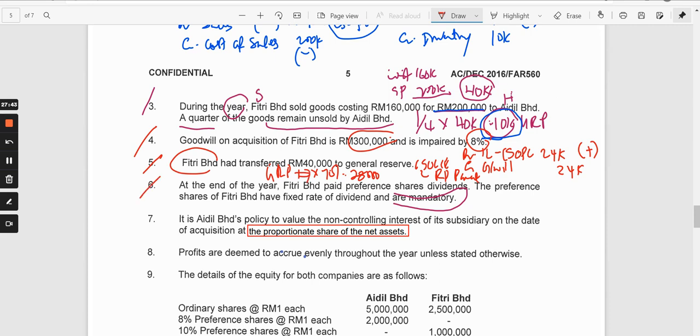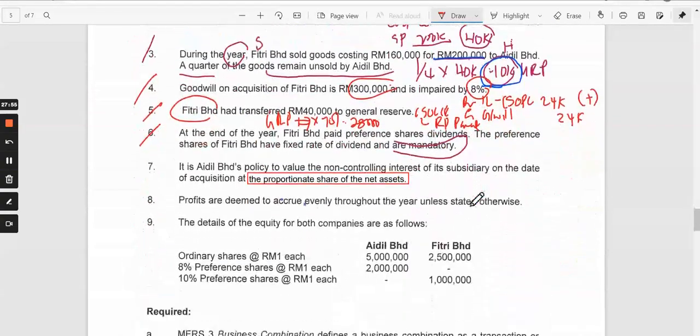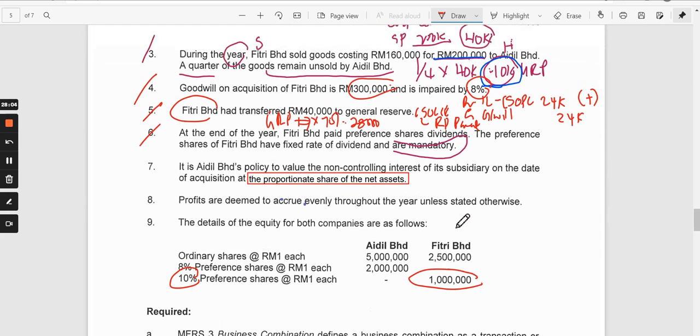Next is the preference dividend. Fitri paid preference dividend that has been recorded in the finance cost. We need to see how much it is, based on what you have here: 10%. So it is 10% of 1 million, which is 100,000. When Fitri declared the dividend, which is the redeemable preference dividend, the dividend declared, which is the finance cost, would be 100,000.